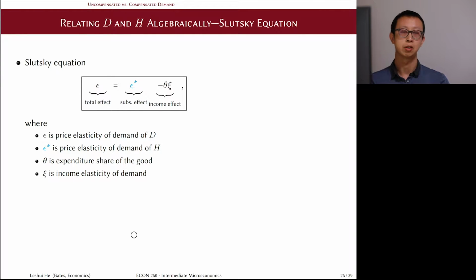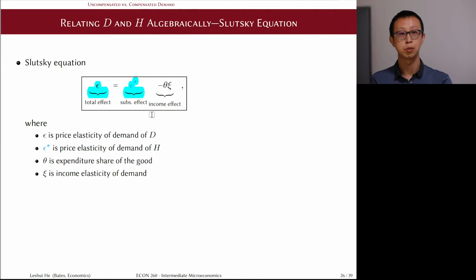The relationship between the Marshallian demand and the Hicksian demand can be summarized by a very compact expression. This expression is called the Slutsky equation, and it describes our previous intuition in a very precise manner. The expression says that as the price increases, the response in the Marshallian demand, which is measured by the price elasticity of the Marshallian demand, epsilon, can be related to the response in the Hicksian demand, which is measured by the price elasticity of the Hicksian demand function, epsilon star.